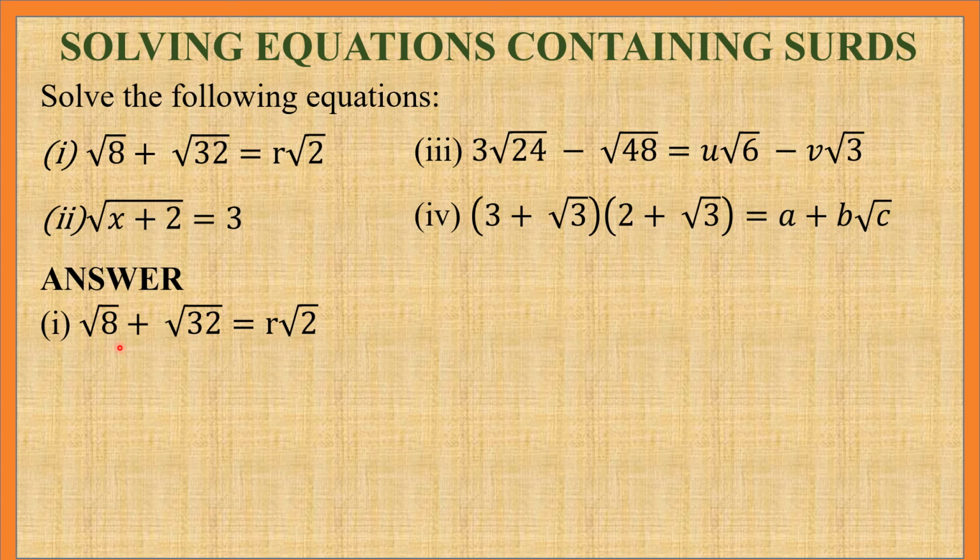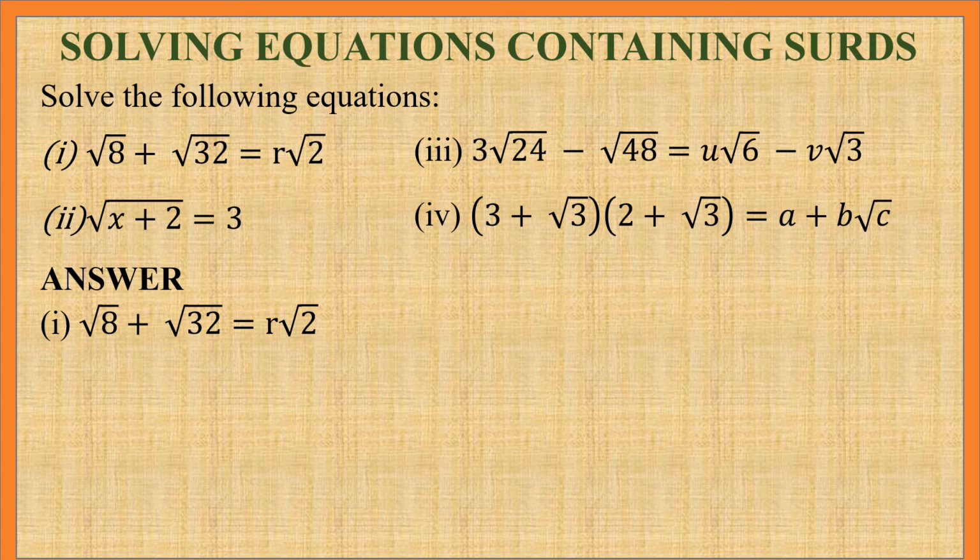So that gives us 2 root of 2. Then 32 divided by 2 gives us 16. Square root of 16 by square root of 2 gives you square root of 32. The square root of 16 is 4. So simplifying square root of 32, we get 4 root of 2.